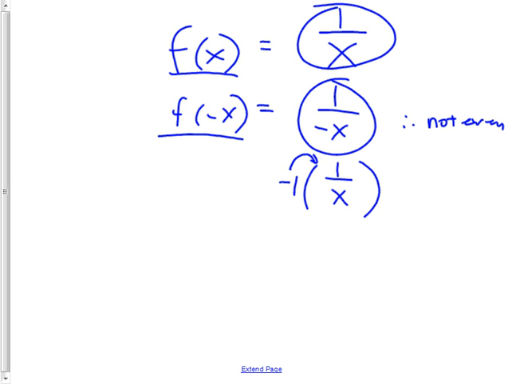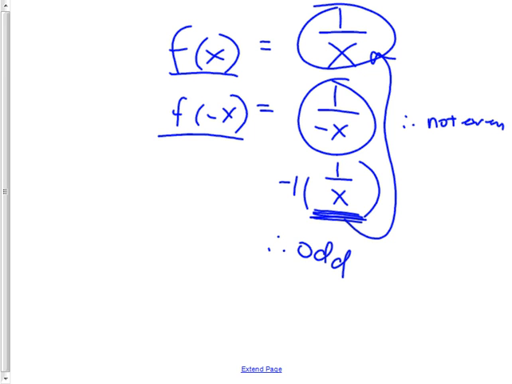Okay, so now I factored out the negative 1. Now, is that the same as that? Yes, it is. Therefore, we have just proven that this is odd. You're supposed to have a negative 1 there.